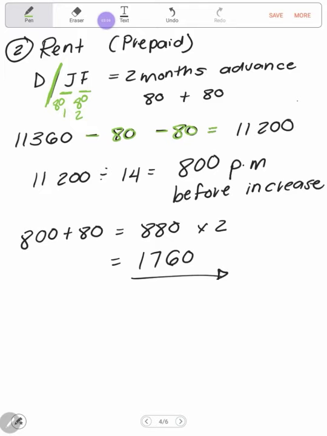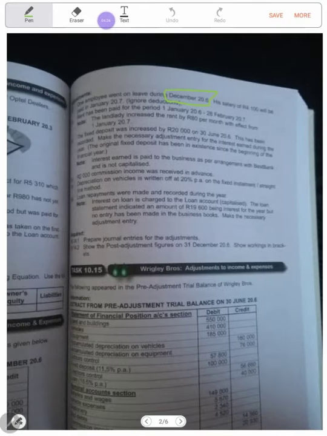All right, now I can add the increase back, which is 800 plus the increase, which will give me 880 Rand. And I paid 2 months in advance, which is why I'm multiplying it by 2. So what is the actual amount that has been prepaid? 1,760. I hope that makes sense.